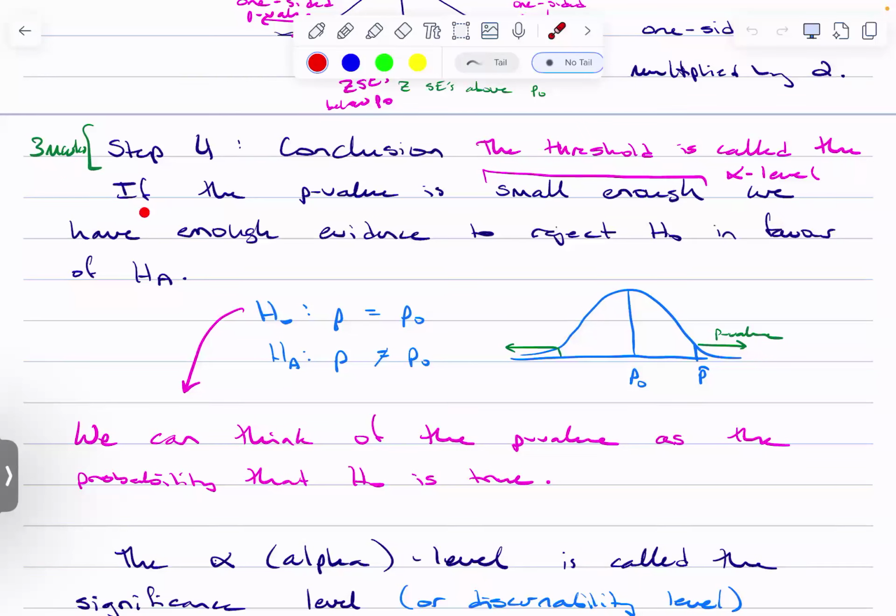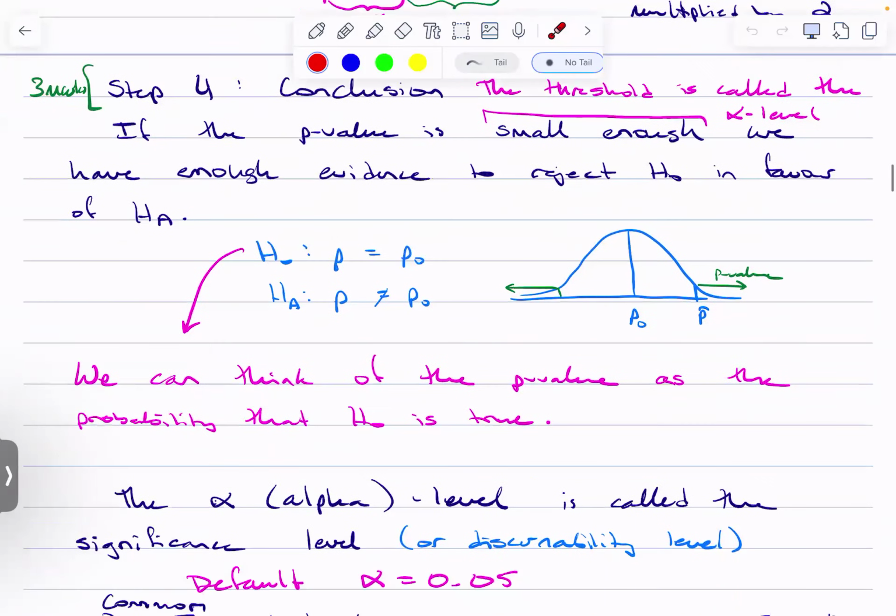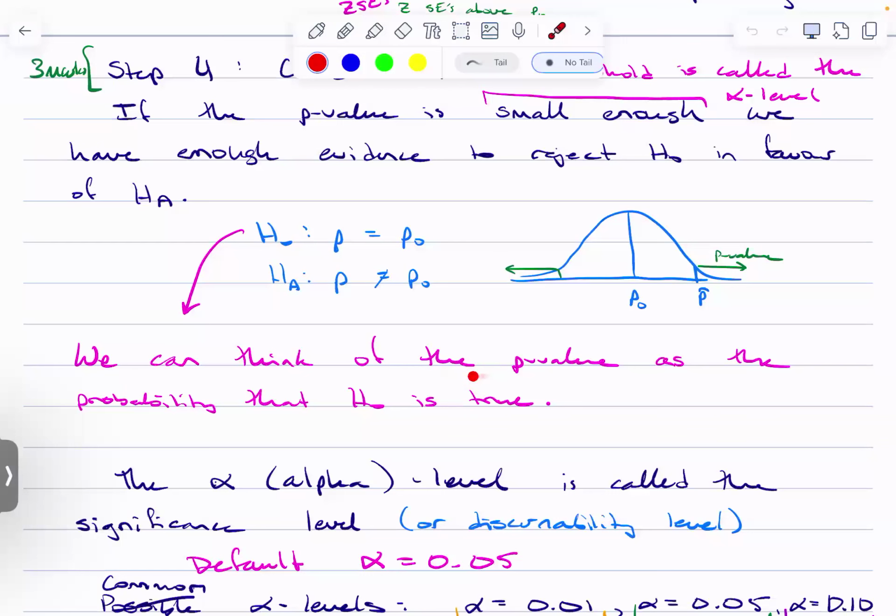So in general, if the p-value is small enough, and then we define that threshold of how small is small enough, less than the alpha level, we have enough evidence to reject H naught in favor of HA. And so we can think of the p-value as the probability that the null hypothesis is true.